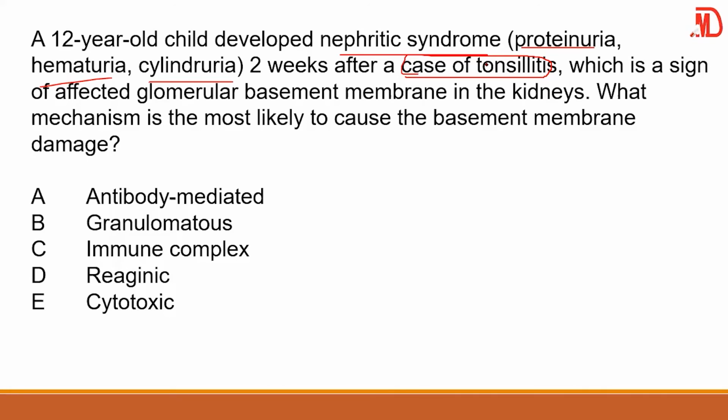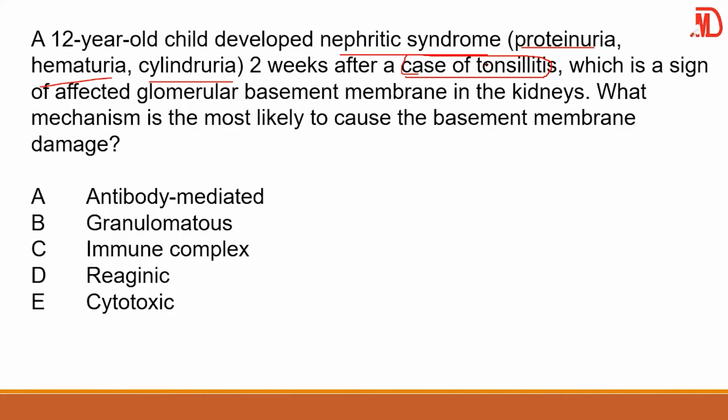First of all, what causes tonsillitis? Infection. But what bacteria? Streptococcus. So after a case of tonsillitis, and the thing is affecting the kidney, we now have what to call post-streptococcal glomerulonephritis.